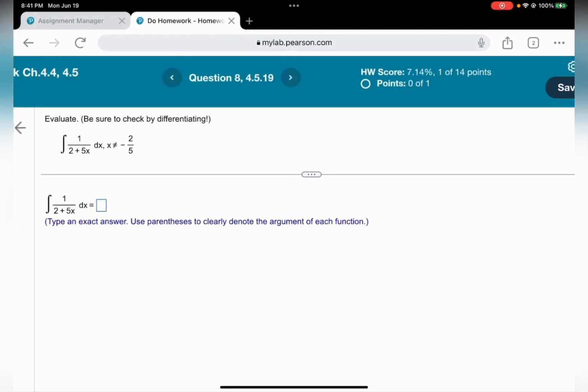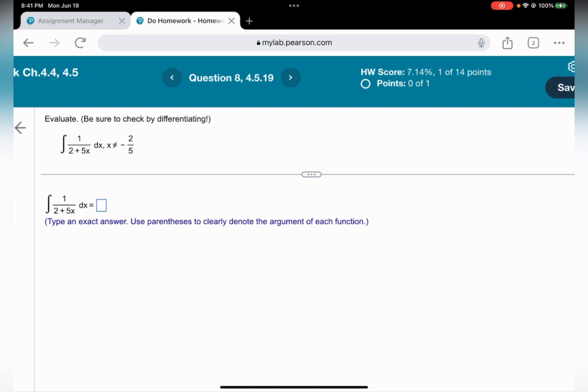1 over 2 plus 5x. And the fact that x is not equal to negative 2 fifths, that's the domain, because if x is equal to negative 2 fifths, the denominator becomes 0, which cannot be. That's why we put that x cannot be equal to negative 2 fifths.